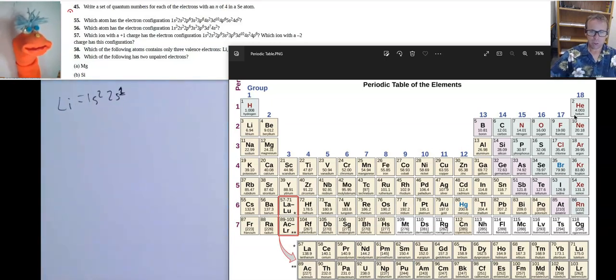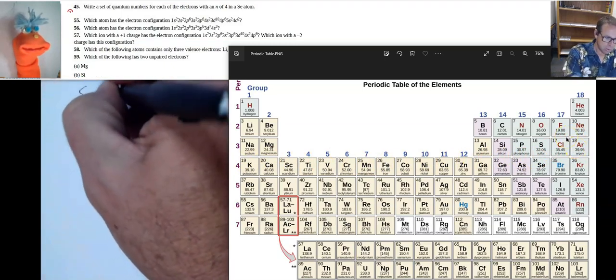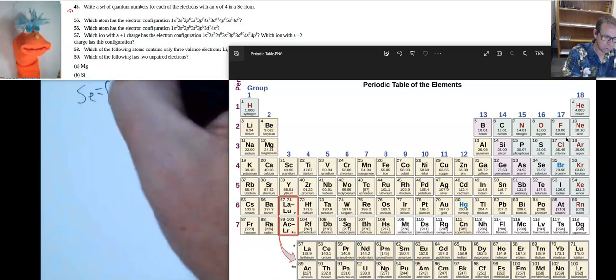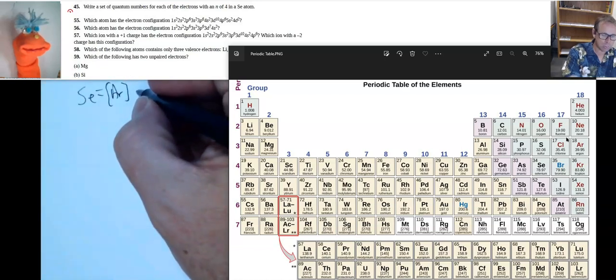All right, so if we're going to do an electron configuration for selenium using the noble gas core, do you remember what that means? Well, you start with the noble gas closest to it, going backwards. So selenium has an argon core with these electrons outside of that argon core. The electron configuration for selenium is argon core, and then we have 4s2.